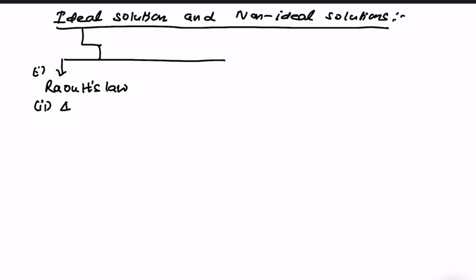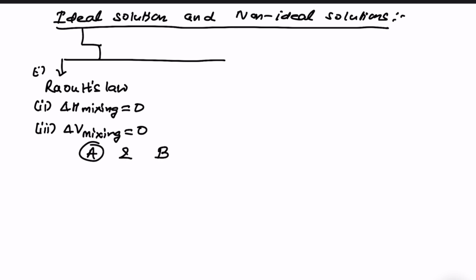The second condition is that delta H mixing is zero. And the third condition is that delta V mixing is zero. The first condition is easy: they obey Raoult's law. Suppose I am mixing two substances A and B and they form an ideal solution.